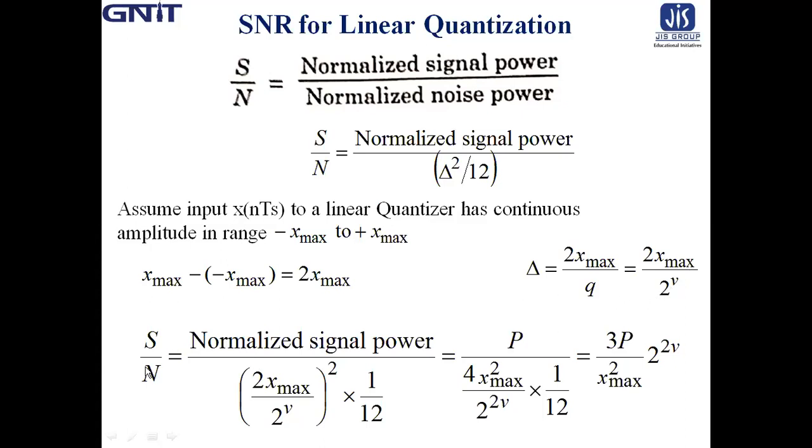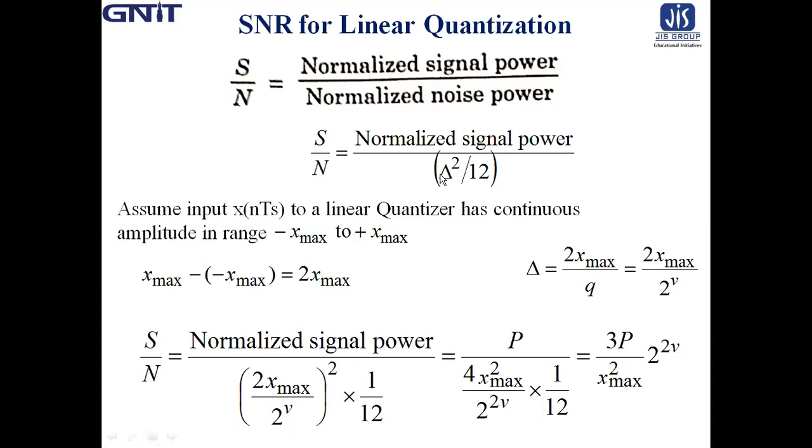Therefore, the signal to noise ratio is the normalized signal power divided by (2Xmax by 2 to the power V) whole square into 1 by 12.